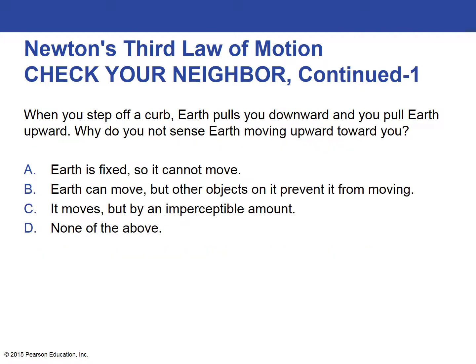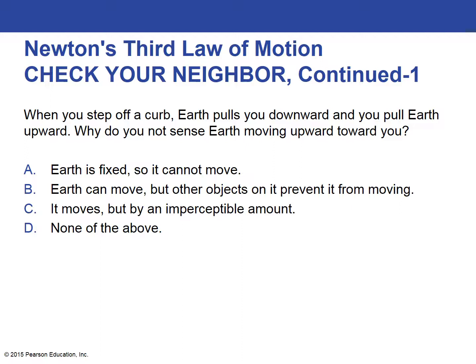Now in this slide, slide 12, we give an explanation of why we don't sense the Earth moving towards you. I described this in the previous slide, that the force of the Earth towards your body is so small because your mass is so small. It's imperceptible and nearly impossible to measure.